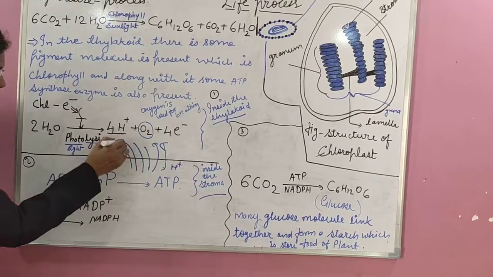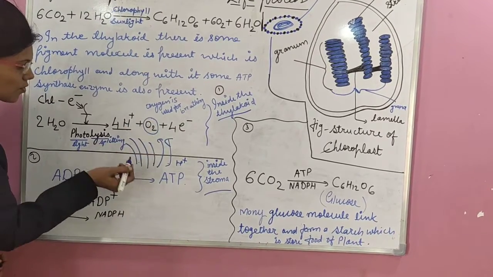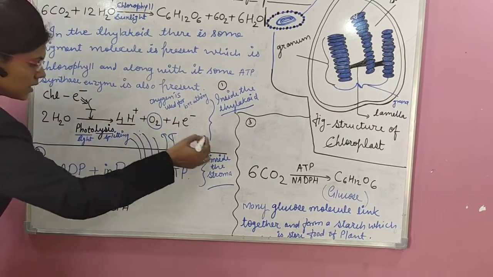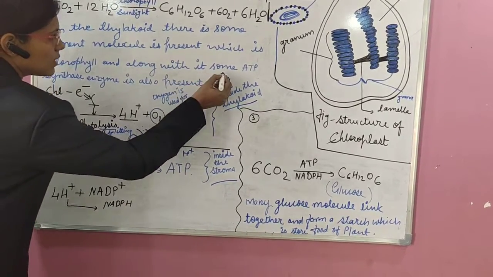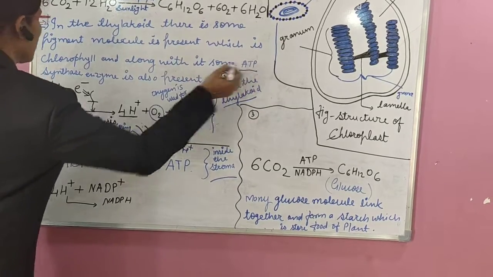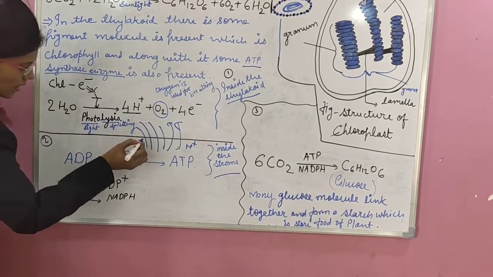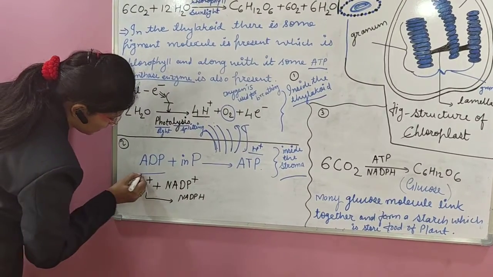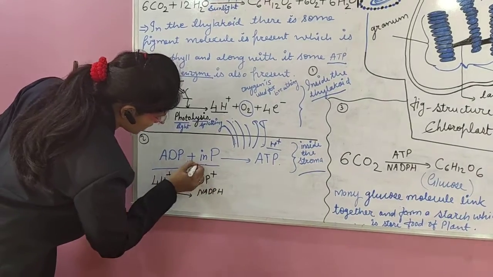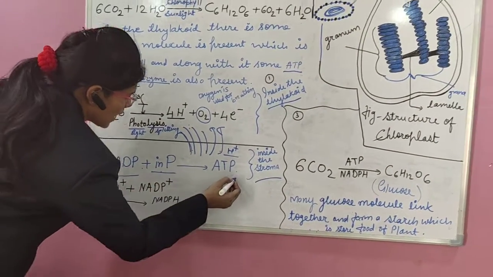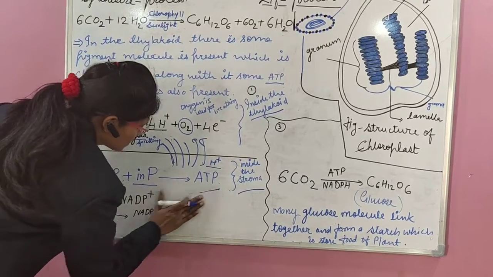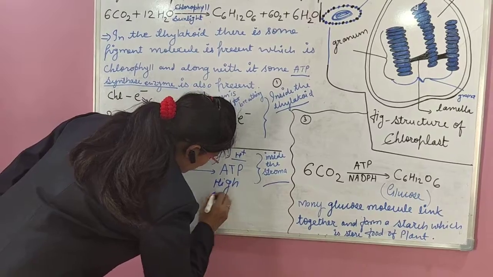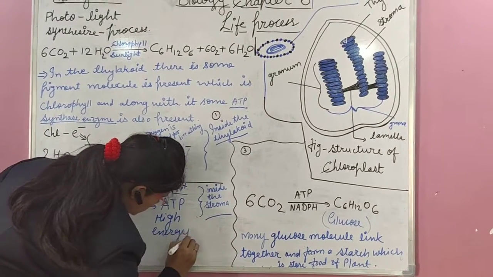And during this passing, the ATP synthase enzyme, along with this proton, combines ADP with phosphate to make the ATP molecule, which is a high energy molecule.